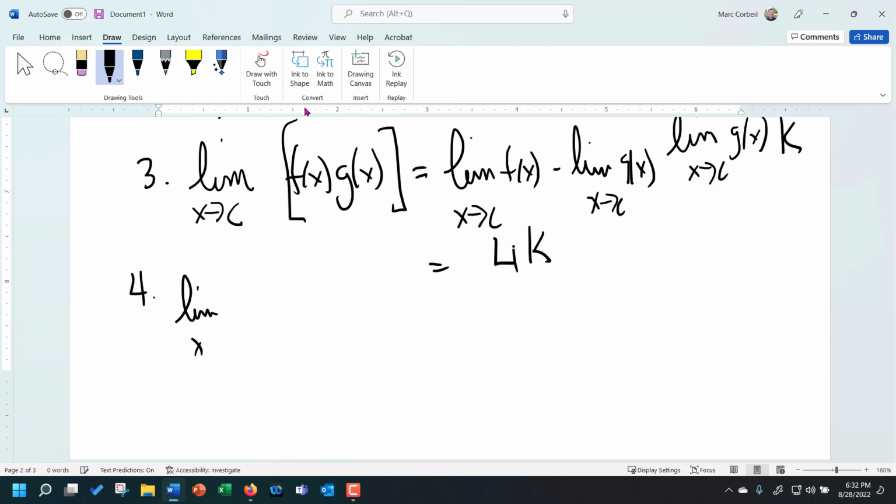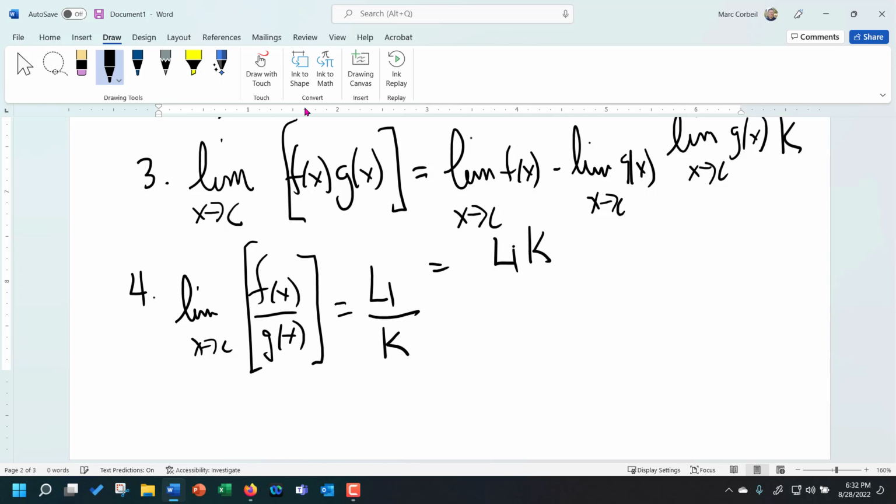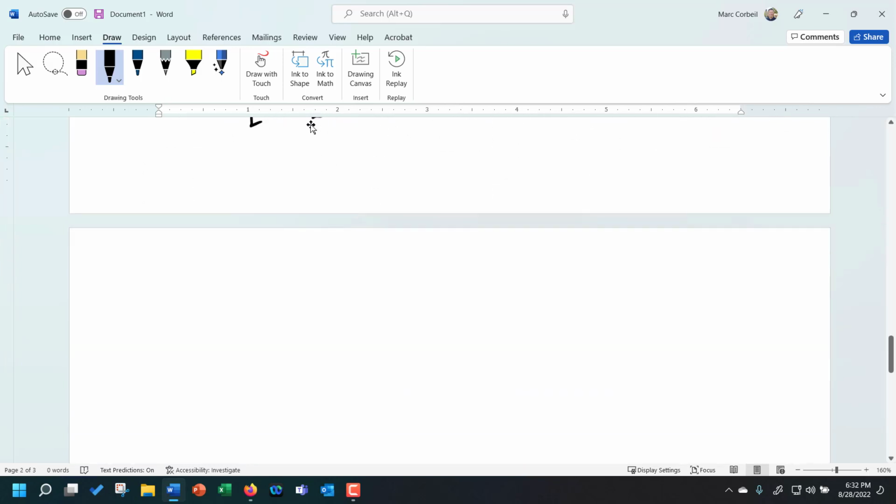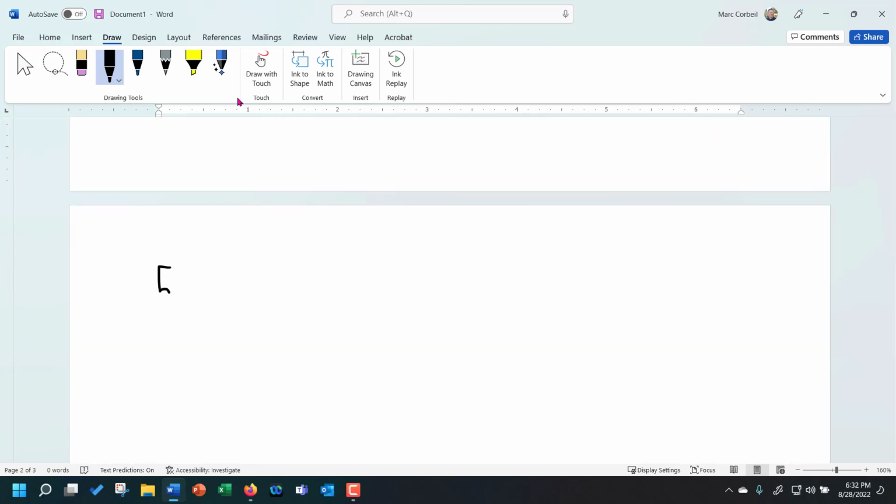The limit as x goes to c of f of x over g of x, this one is going to be very helpful for us. So if we want to split the functions apart, we would just take the limit of the top and divide it by the limit of the bottom. And lastly, power rule, this one could be very helpful for us.